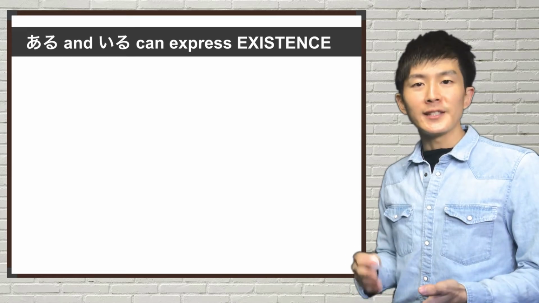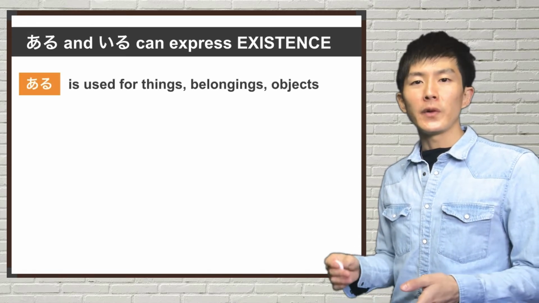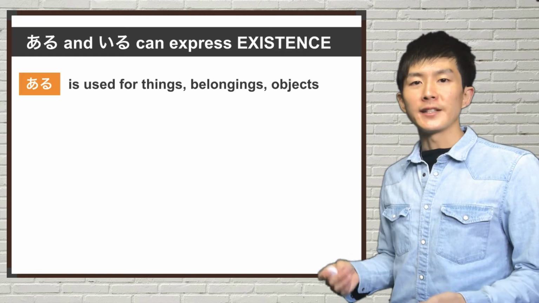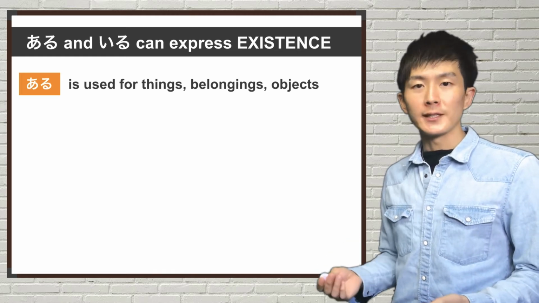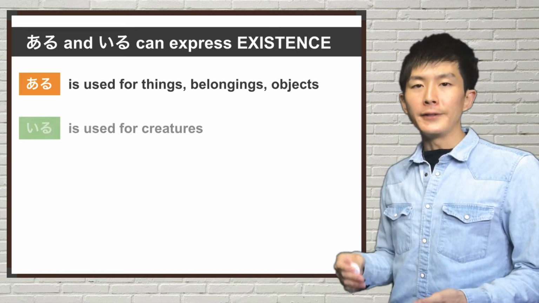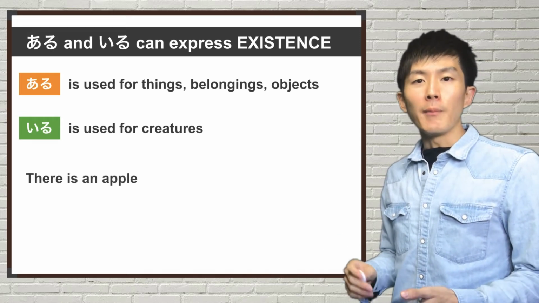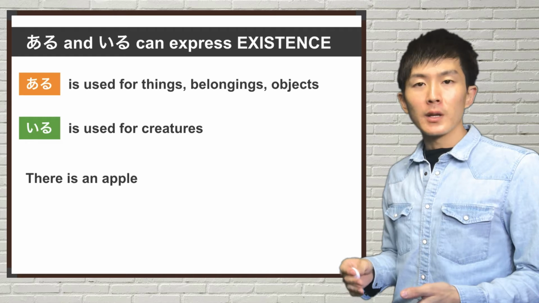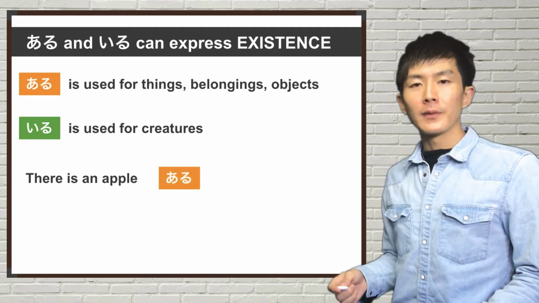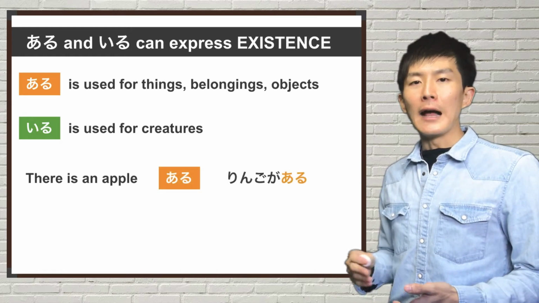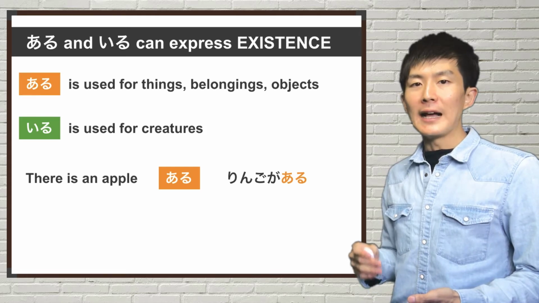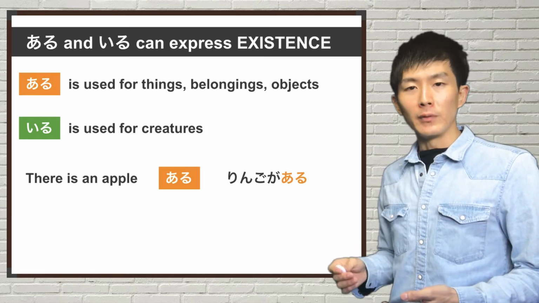The difference is simple. ある is used for things, belongings, objects. I mean inanimate objects. Meanwhile, いる is used for creatures. For example, there is an apple. For this sentence, you need to use ある like リンゴがある。There is an apple.